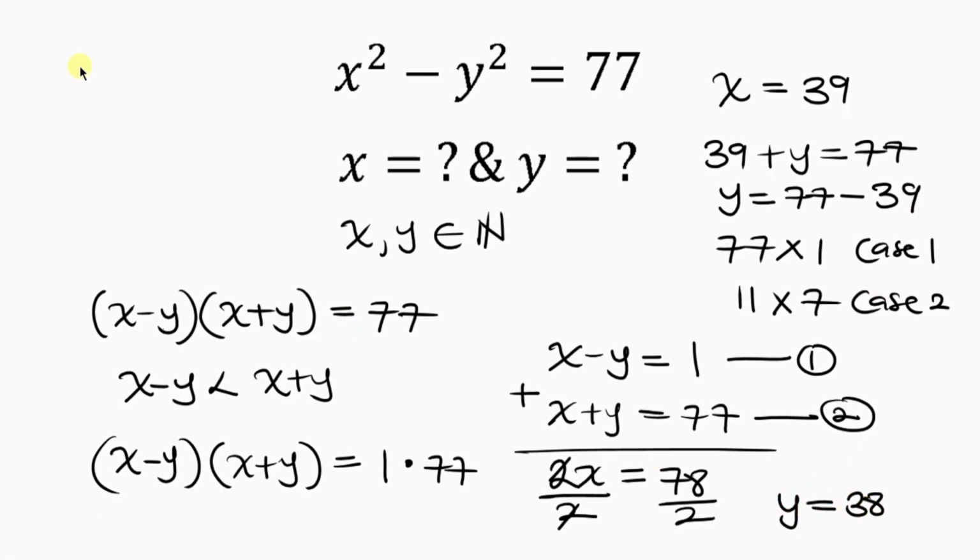So our first set of values for x and y are x equal to 39 and y equal to 38. So that is for case 1. Now let's focus on case 2, which is 11 times 7.